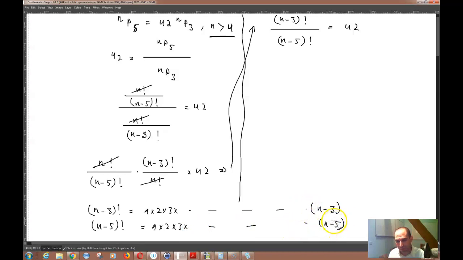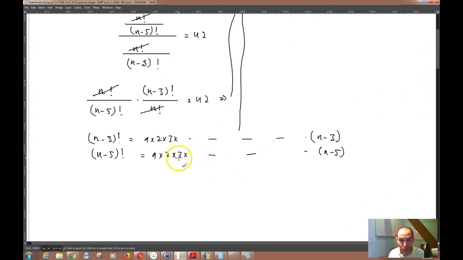So of course, if you subtract a 1 from this number, you will get to the previous number. As you can see, I have over here 1 times 2 times 3 times 4 times 5 and so on and so forth.